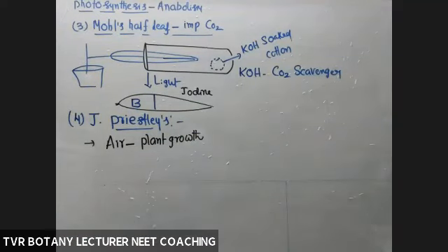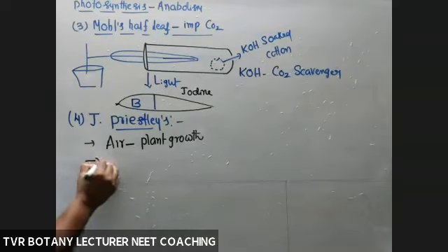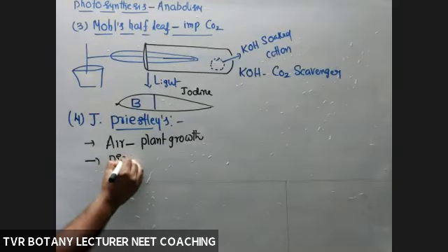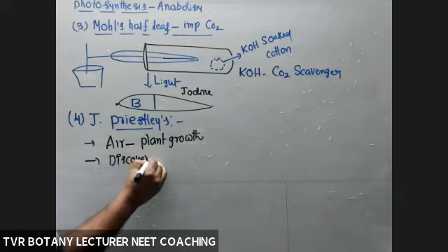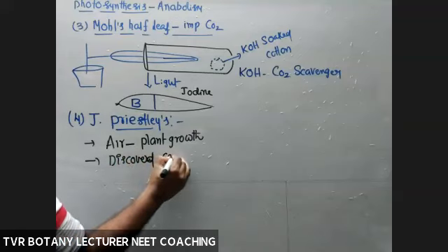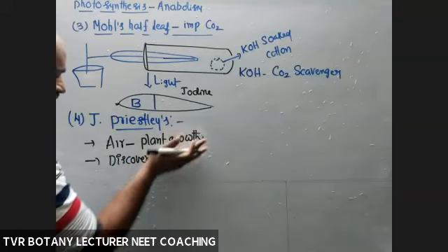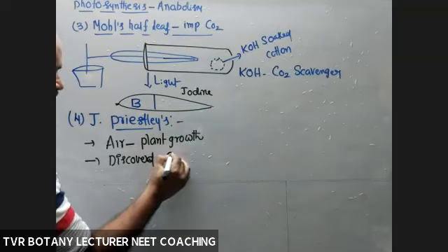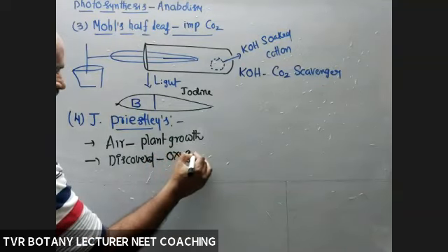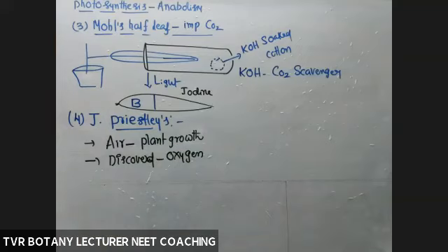So air is very essential for plant growth and development. And he discovered or identified oxygen. Oxygen was discovered by Joseph Priestley.